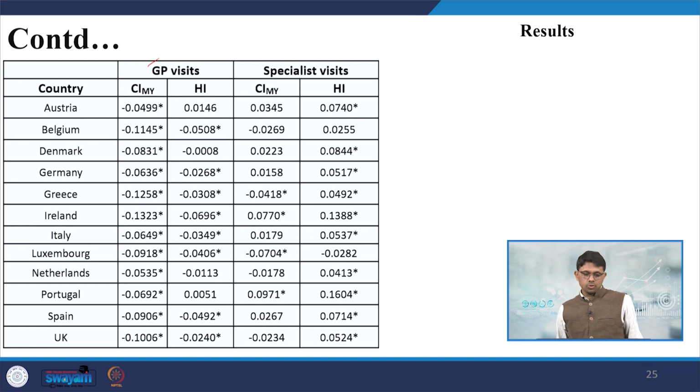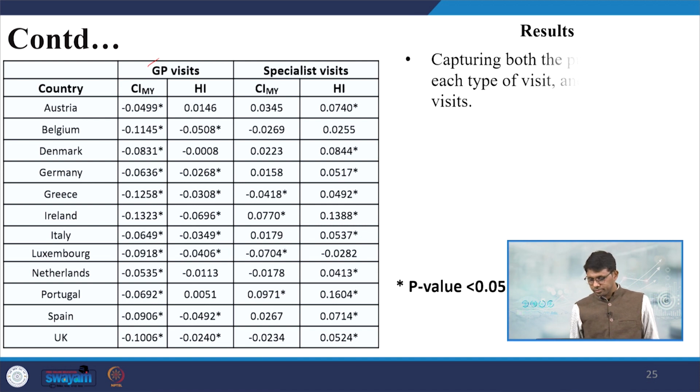Whereas in case of the specialist visit, this is positive, that means those who can afford it can access better, and the societal policy is favoring them more to access specialist visits. So, for GP visits, the factors might be socio-economic factors other than income, whereas in case of specialist visits, it might be largely due to income.